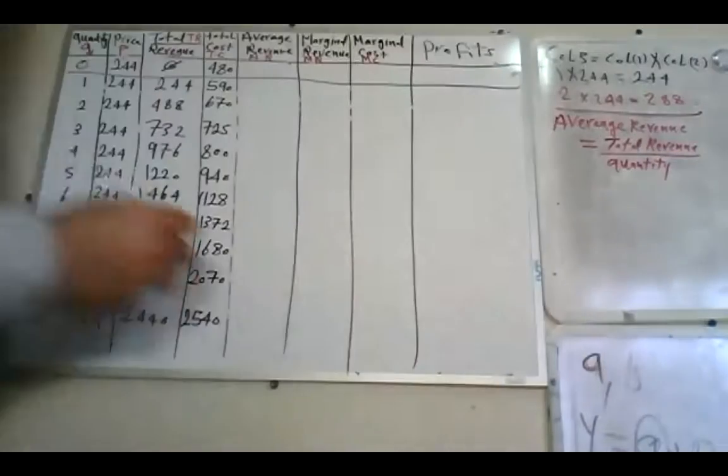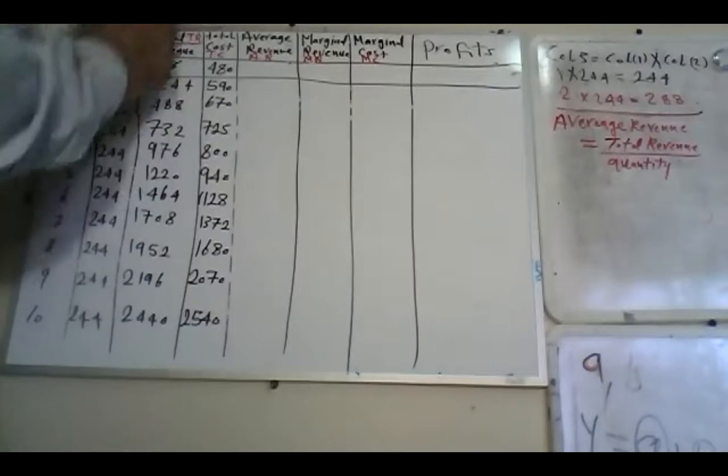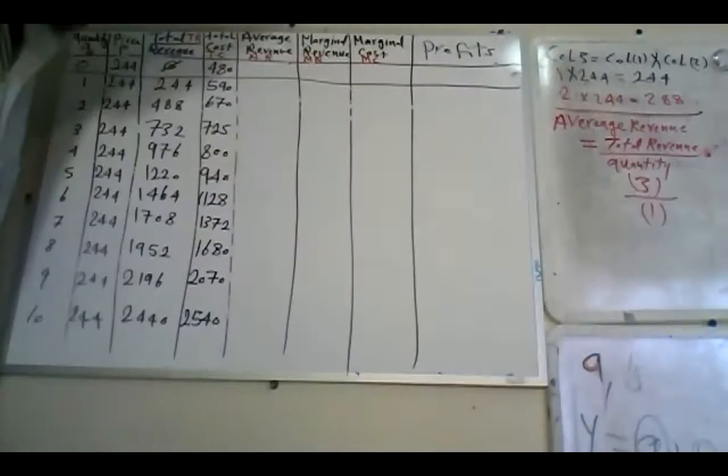In other words, the average revenue will be column 3 divided by the numbers of column 1, as you see here.